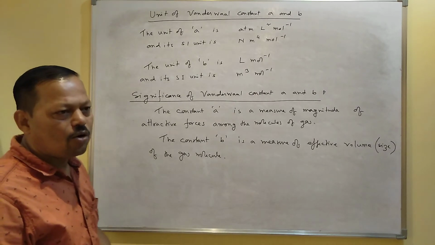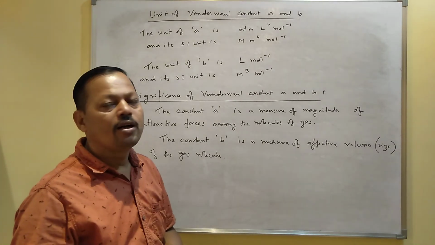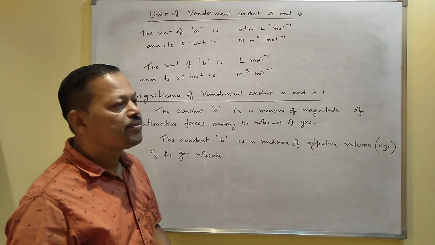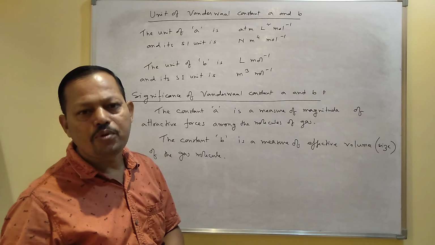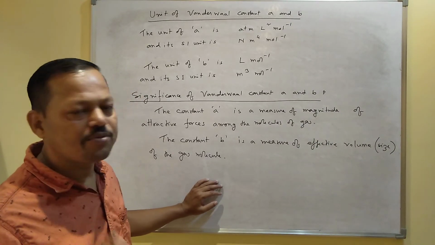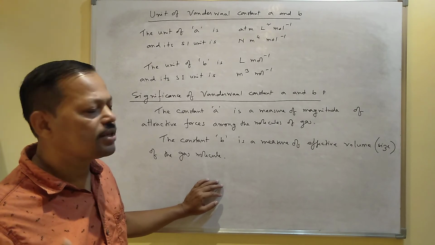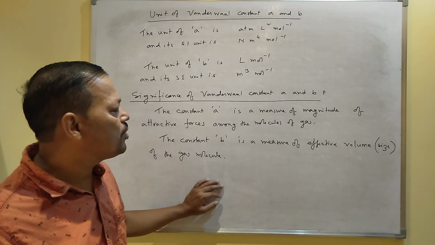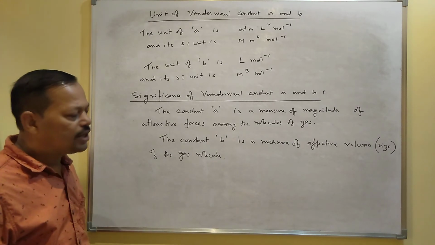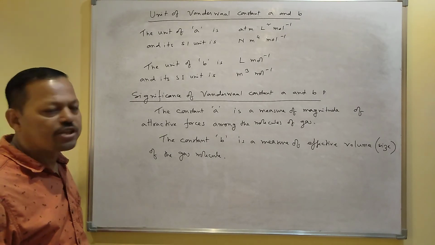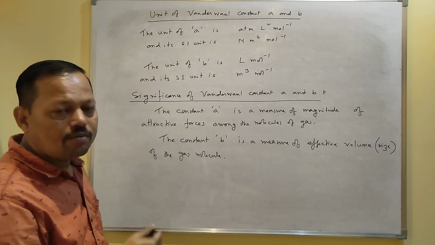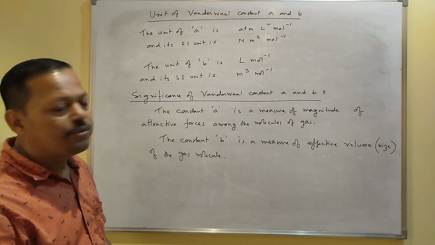In the liquid state, only some properties are given, like vapor pressure, surface tension and viscosity, but these are not required according to your revised syllabus. So this chapter is finished here, up to the van der Waals equation.